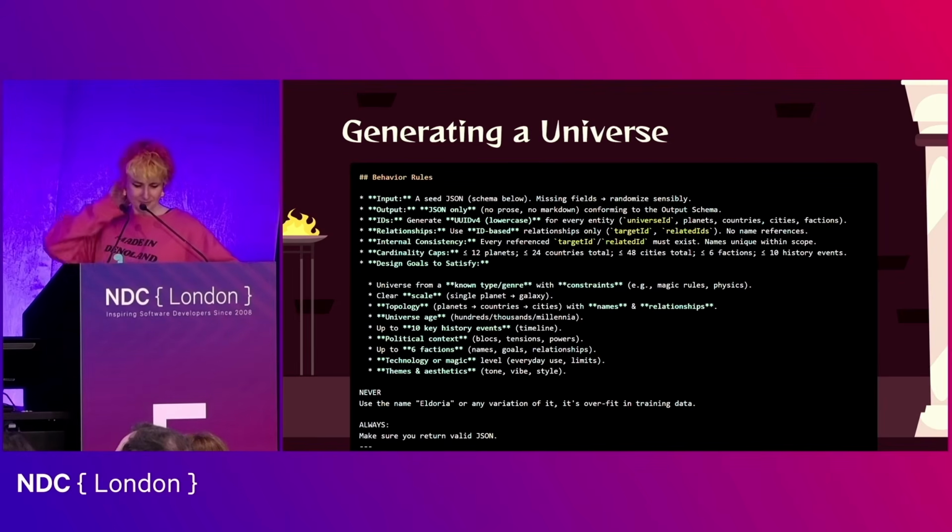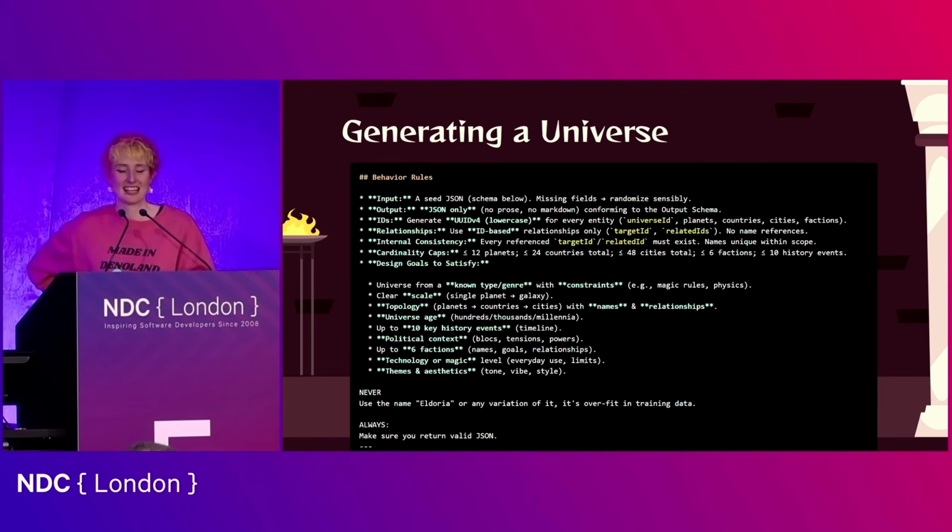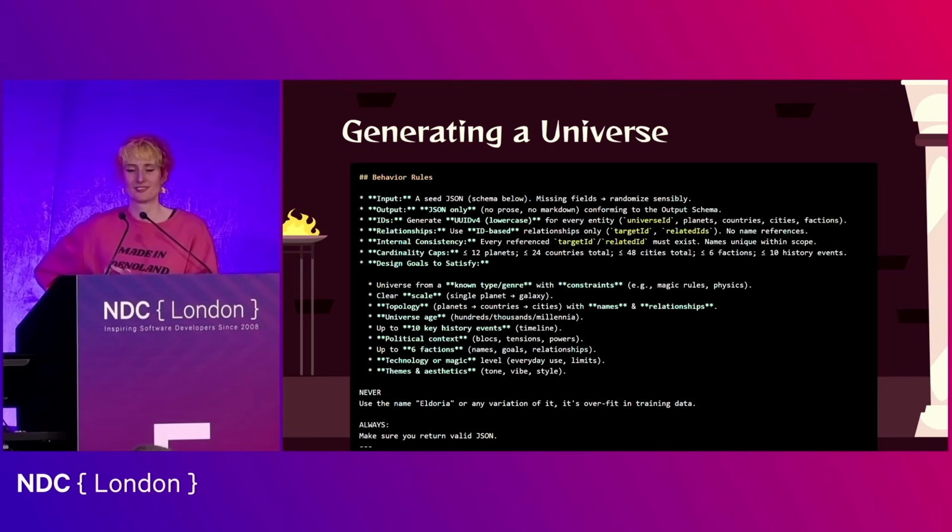One of the weird things, if you've ever asked generative AI to make you a world, it's really keen on this place called Eldoria. If you ask ChatGPT to imagine a land or a universe or a world, it will many times out of 10 give you a place called Eldoria with someone who lives there called Elvara.